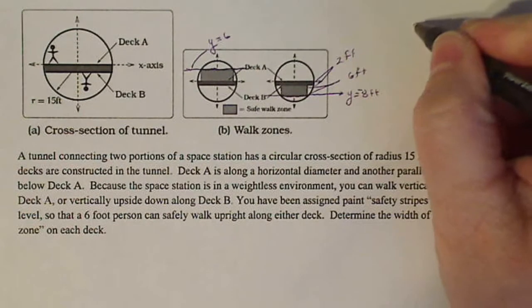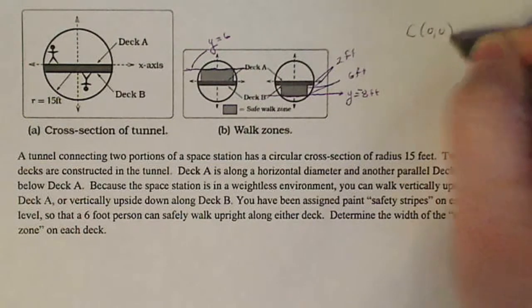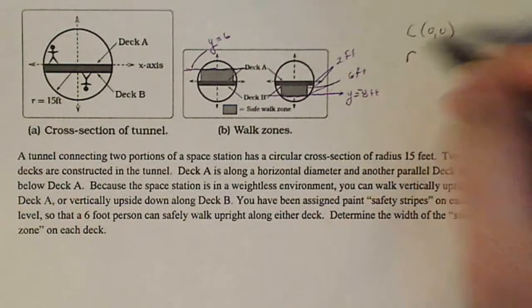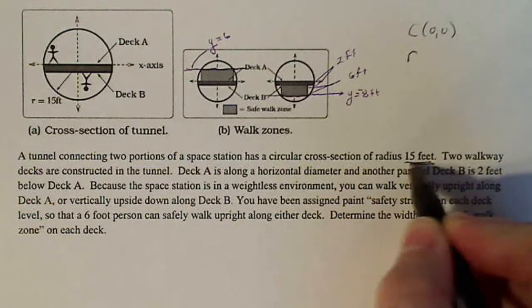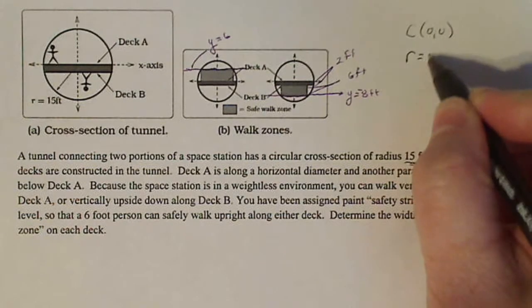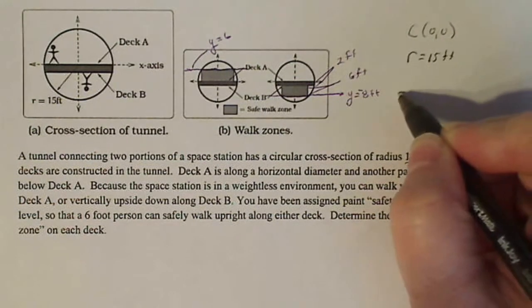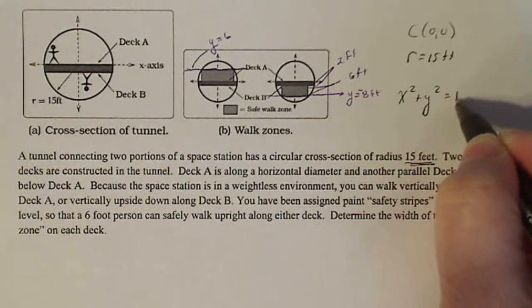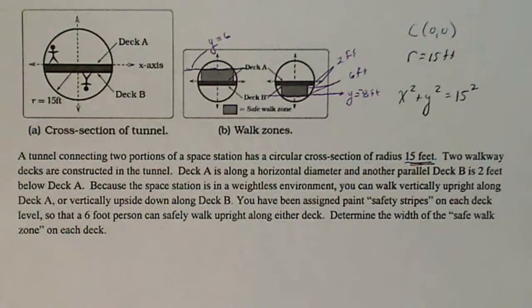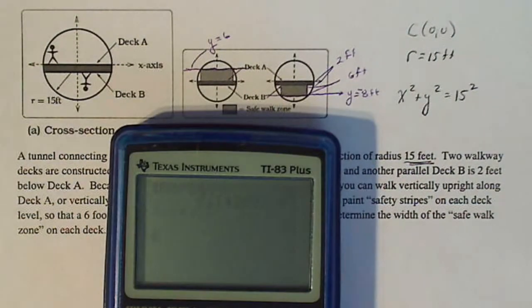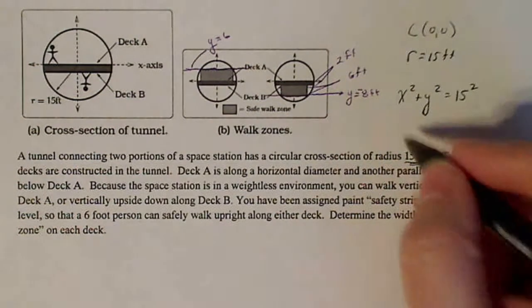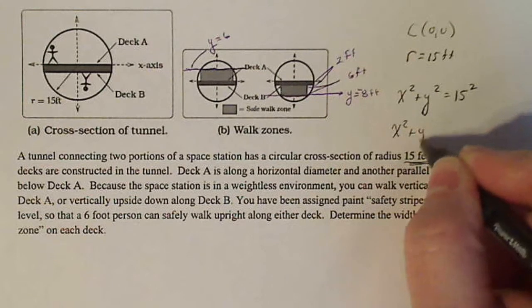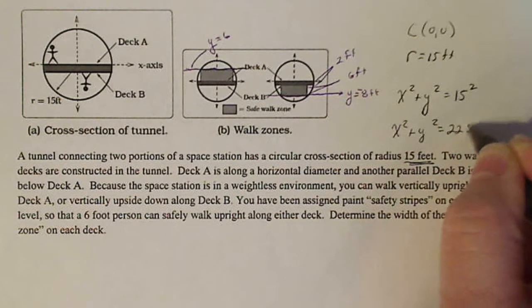But we do know the center of the circle is at the origin. That's nice. And the radius was 15 feet, it said. So the equation of that circle is x squared plus y squared equals 15 squared. Let me turn on my calculator here. 15 squared is 225. So the equation of the circle is x squared plus y squared equals 225.